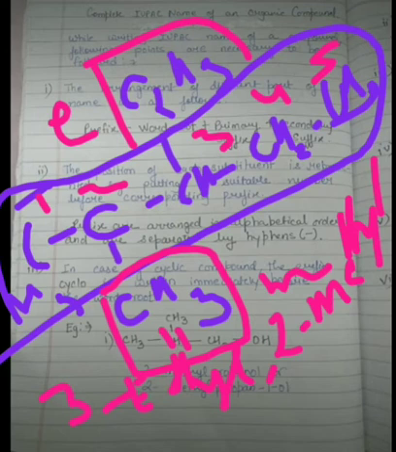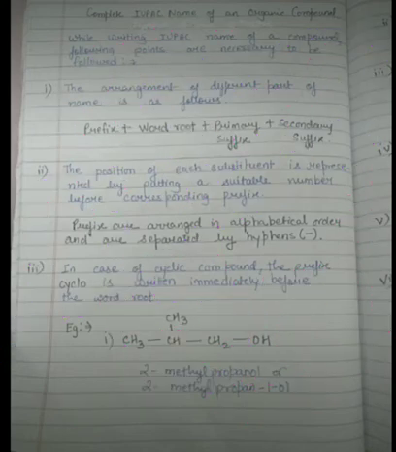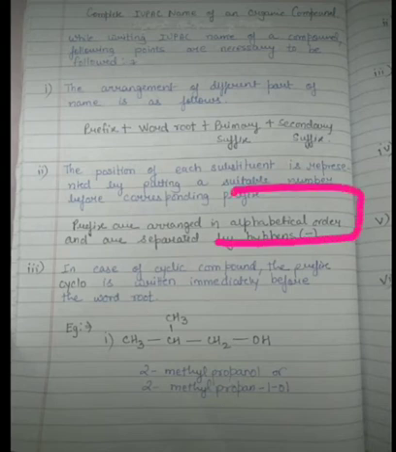The word root will be, as there are 5 carbon atoms, pent, and as there is a single bond, it will be ane. So it will be 3-ethyl-2-methylpentane. What you have to take away is that you have to look for the alphabetical order if there is more than one substituent.